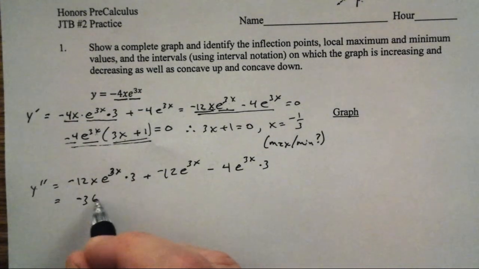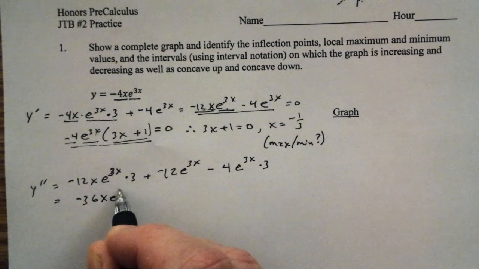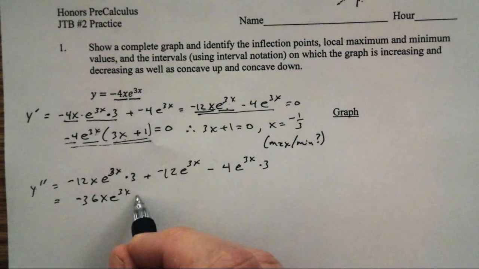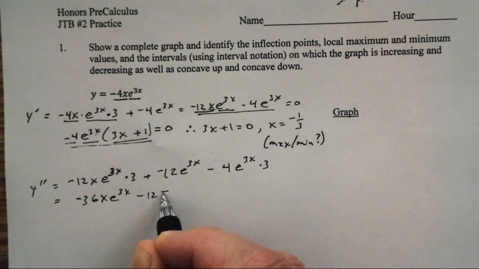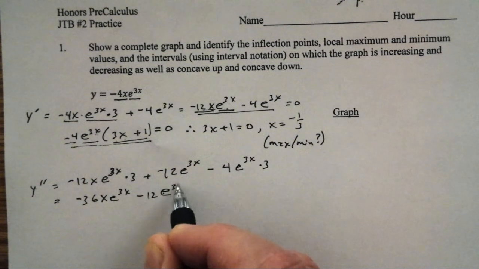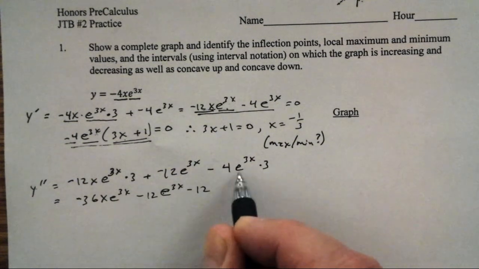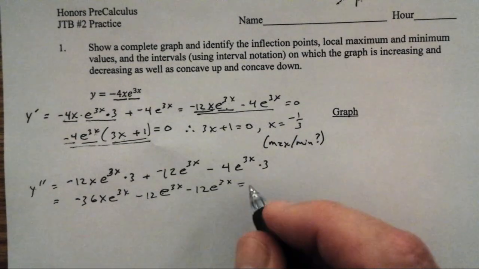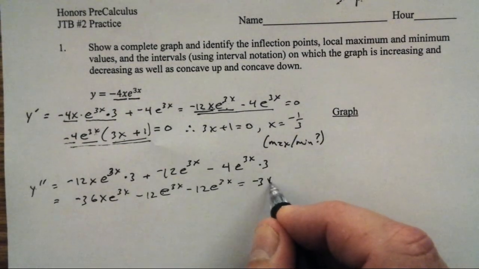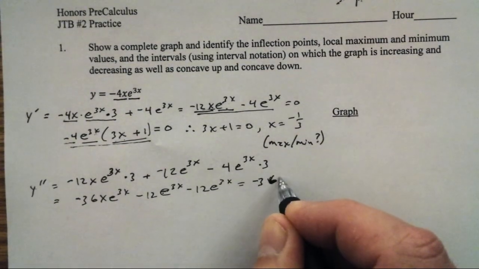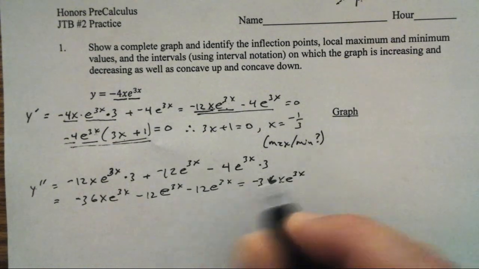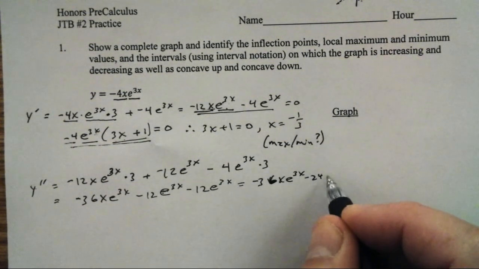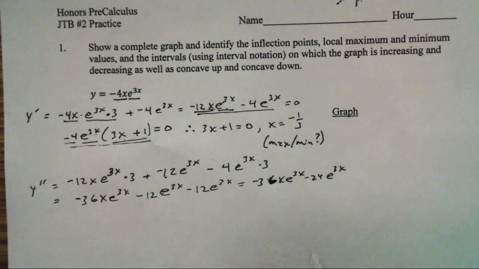Negative 36x e to the 3x minus 12 e to the 3x minus another 12 e to the 3x, giving us negative 36x e to the 3x minus 24 of those e to the 3x's.